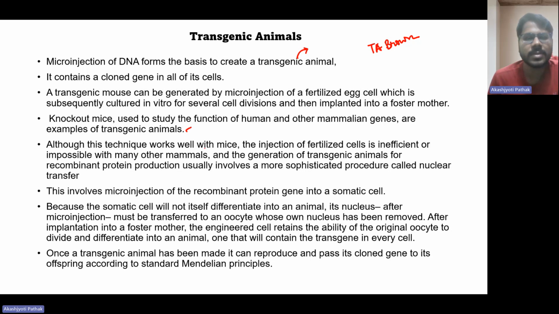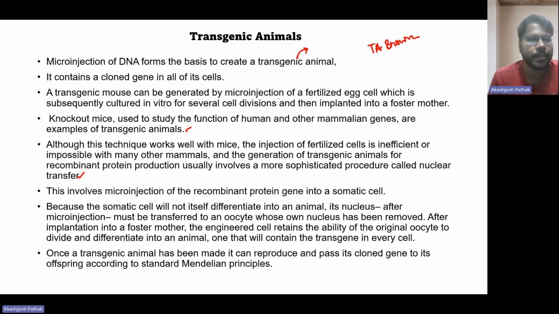Although this technique works well with mice, the injection of the fertilized cell is inefficient or impossible with many other mammals, and the generation of transgenic animals for recombinant protein production usually involves a more sophisticated procedure called nuclear transfer. This method requires a good expertise or a good hand.